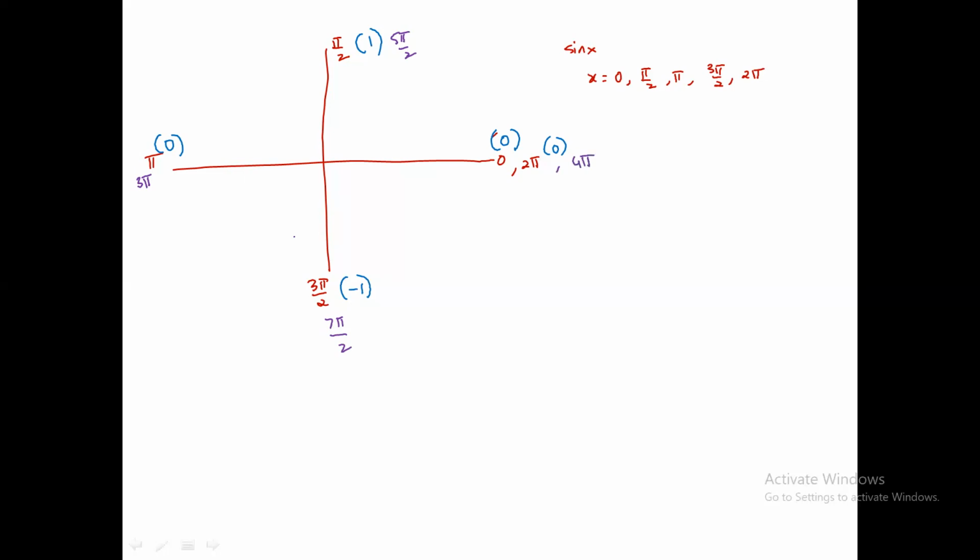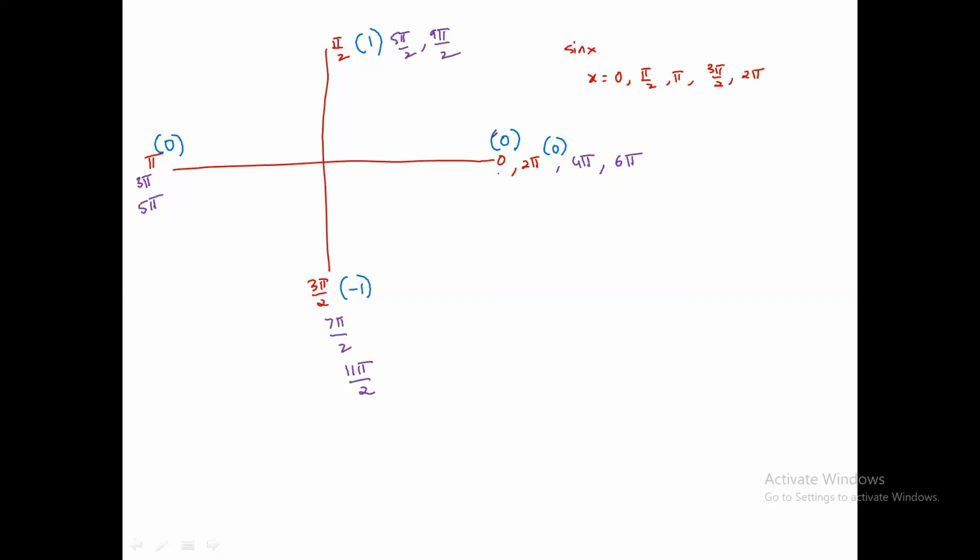So we made 2 revolutions. After that, you can go for the third revolution. 9 pi by 2, 5 pi, 11 pi by 2, 6 pi. Third revolution completed. Like that, many more angles you will be getting.